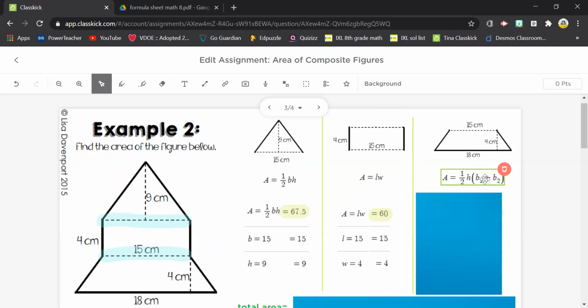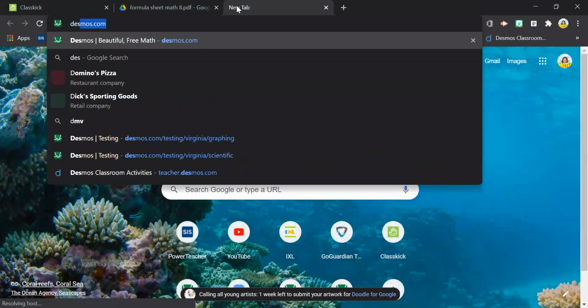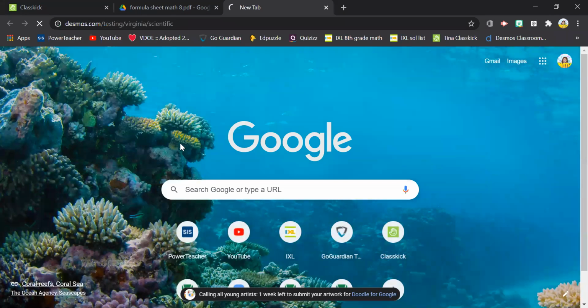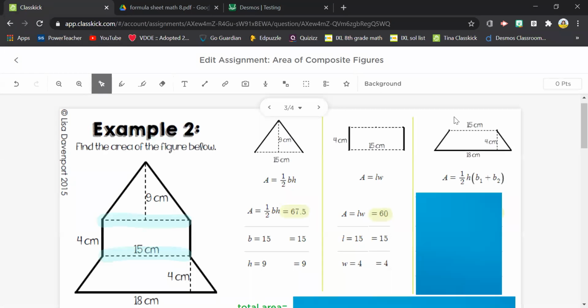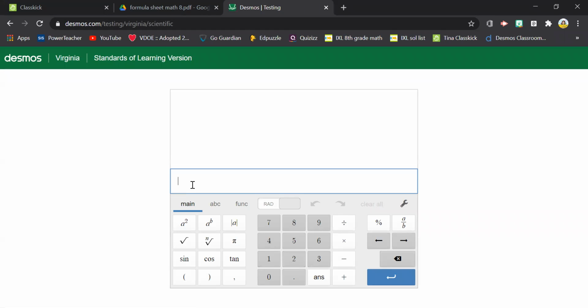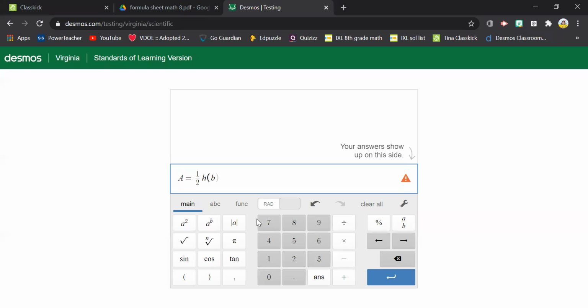Now this one is a little bit different, the way that you type this in. So I'm going to show this one to you in Desmos. Open it up, and I am using the scientific calculator. When I go to type in my area of a trapezoid formula, I'm going to do A equals 1/2 times height times base 1. To get that little 1 down there, you're going to do shift and then press the minus sign on your keyboard, and it's going to go down there and make a small number.